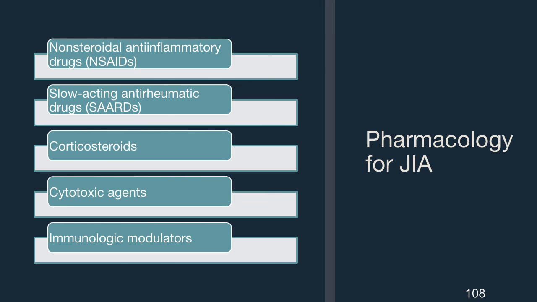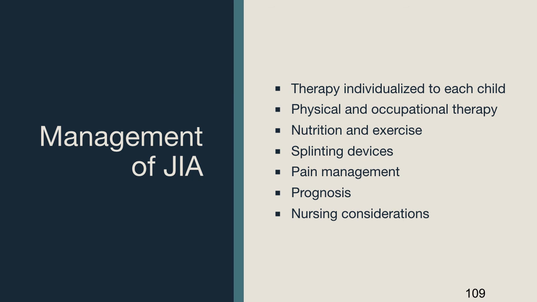If you think about the commercials for Humira and some of the other immunologic modulators, they'll say this is good for people where methotrexate hasn't worked. So if they try methotrexate and it doesn't give them relief, then the next step is to use these immunologic modulators. As far as management is concerned, therapy is individualized to each child.